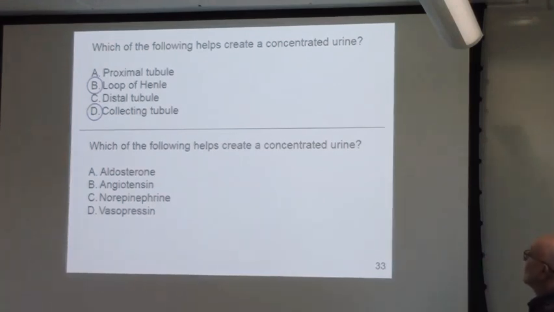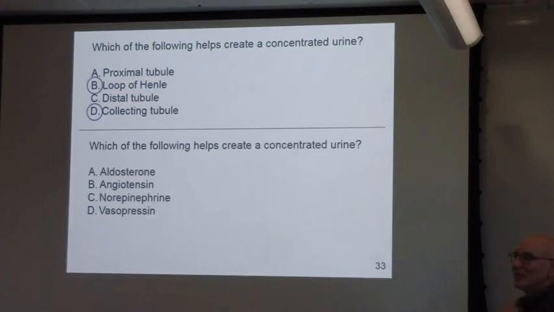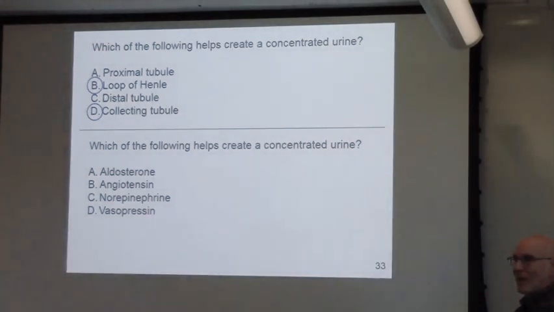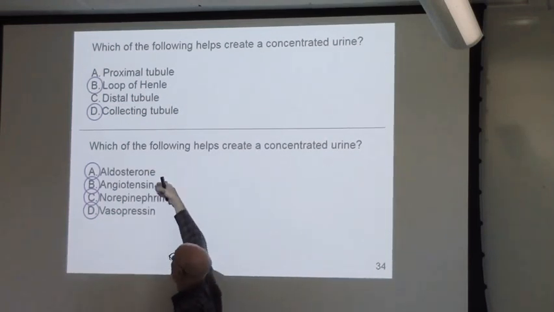Which of the following helps create a concentrated urine? Same question. I think the answer is all of them. Aldosterone, as we've just been talking about, loop of Henle.